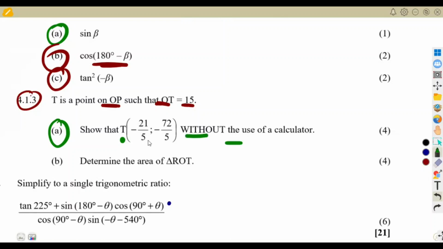We are supposed to show this. Be very careful, guys, when attempting your questions. Understand the information that you're given there. T is a point found on line OP, which is true. Now, we are given only the length.